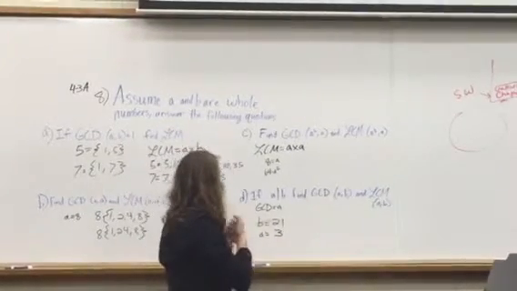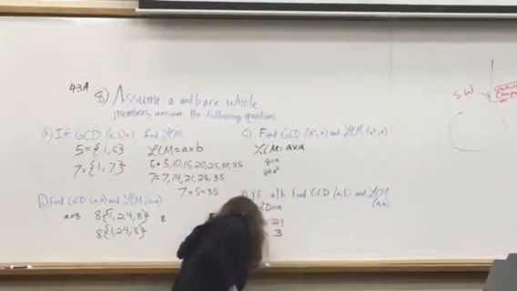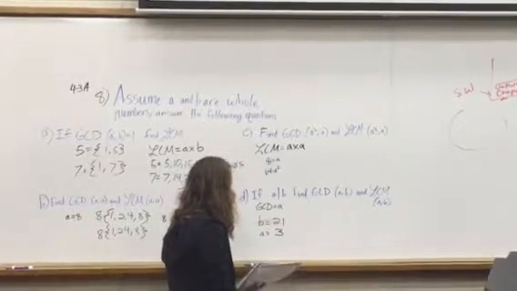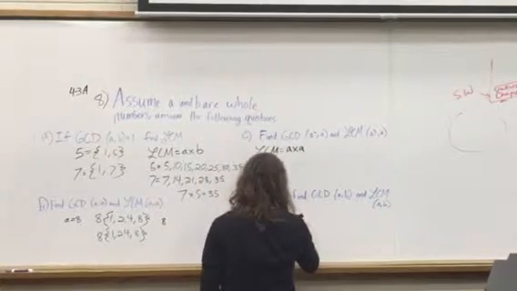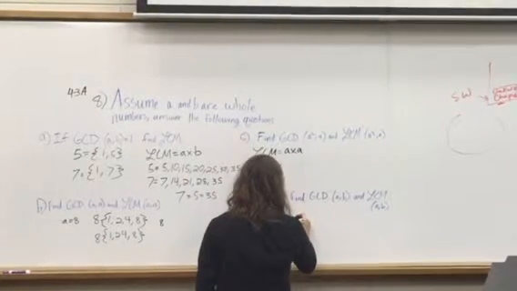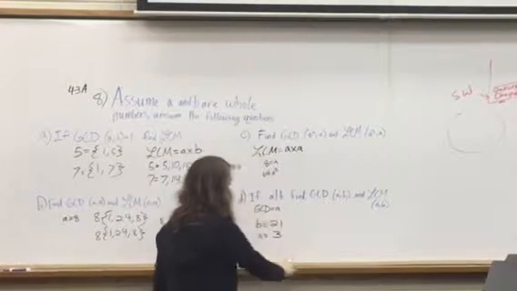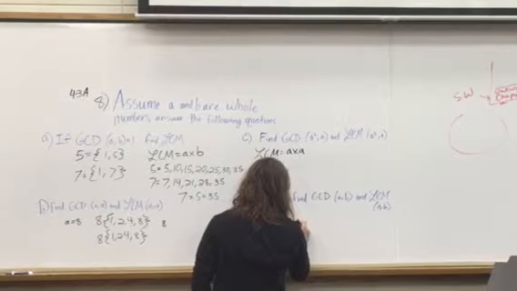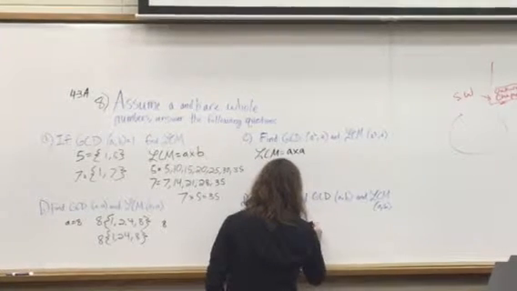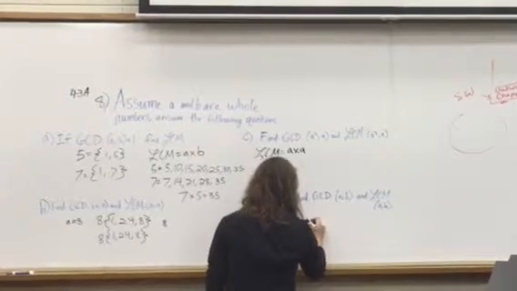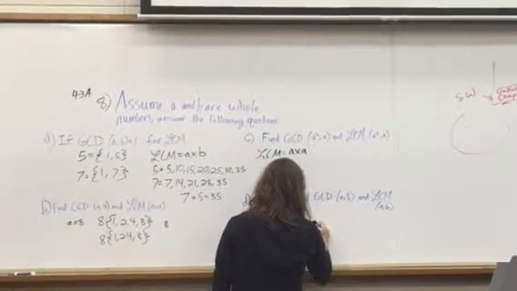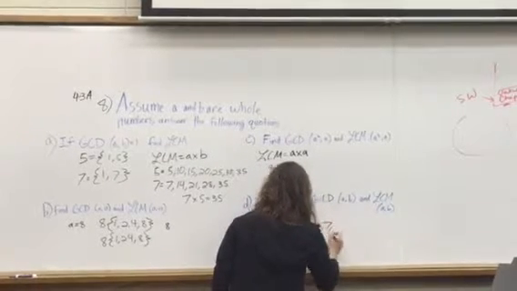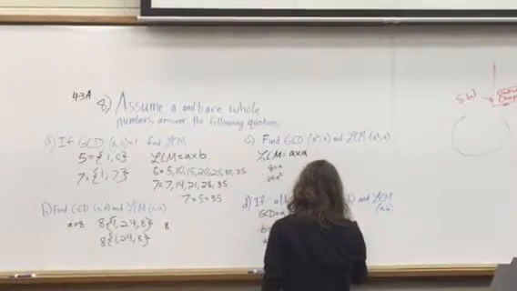And so we're going to find our greatest common divisor by finding the number that both of these sets have in common. So we're going to write them out. For 21, we have 1, 3, 7, and 21.